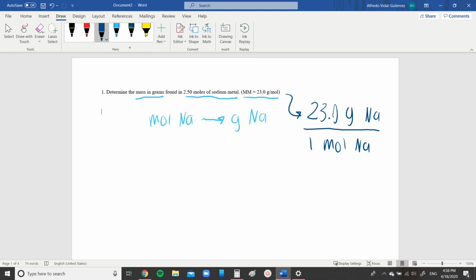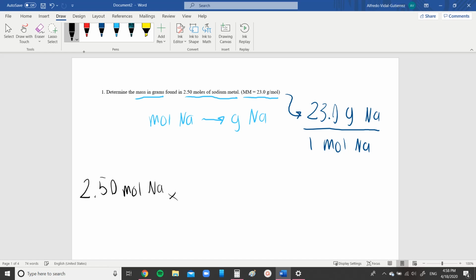So I have my units that I start with, I have the number of said unit, and I have the way to convert it from my starting unit, which is moles, to my final unit, which is grams. I'm going to use the molar mass for that. So when I start off a problem, I always write what I've been given, which is 2.50 moles of sodium.